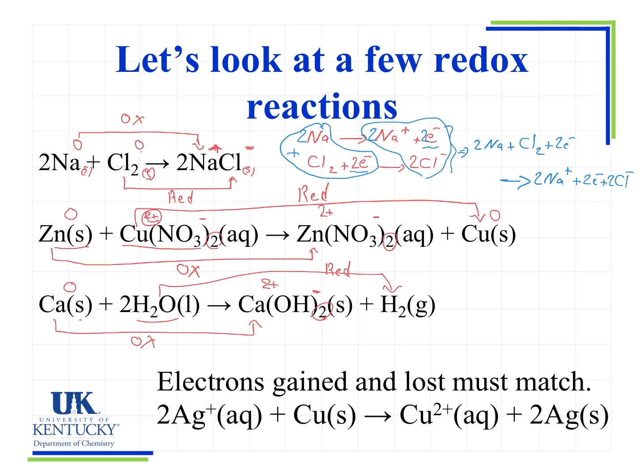And then you can cancel out the 2 electrons on both sides of the reaction, and Na plus and Cl minus gives you NaCl, right? And you have 2 of each, so it gives you 2 NaCl. So that's a complete reaction.